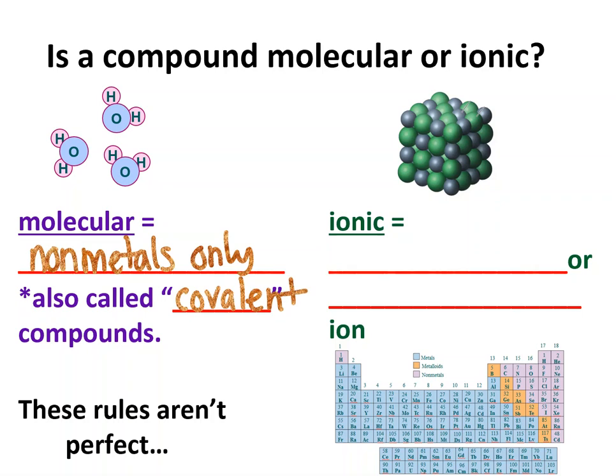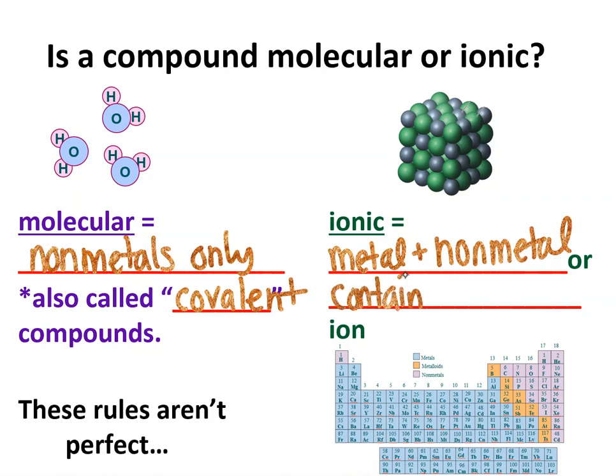Then an ionic compound has a metal and a nonmetal, or sometimes in place of the metal they have a polyatomic ion. So I'll just put if they contain a polyatomic ion, then they are ionic, and that makes sense.